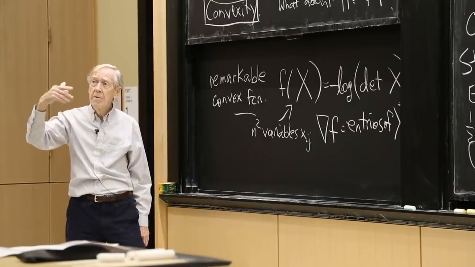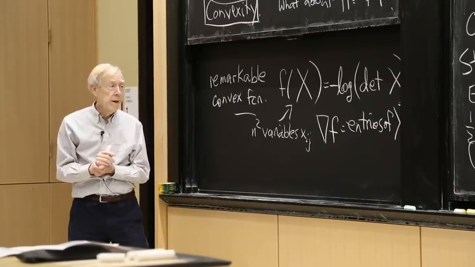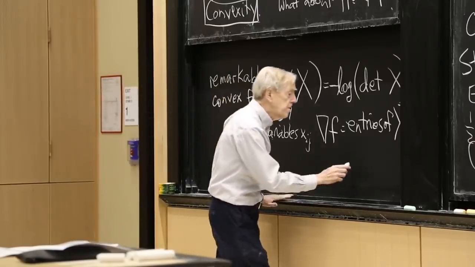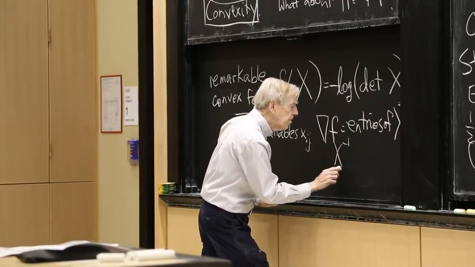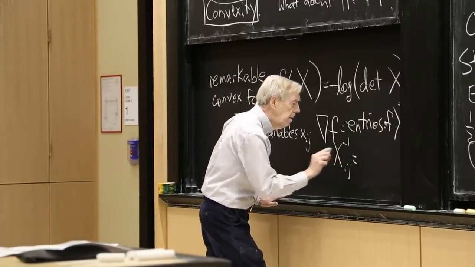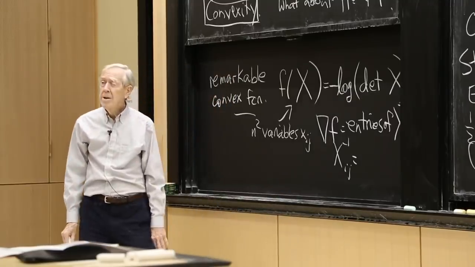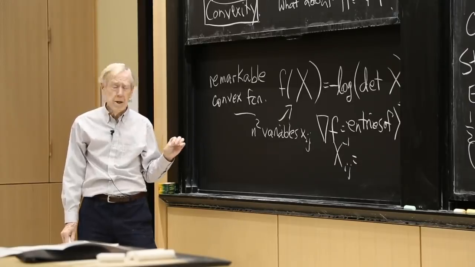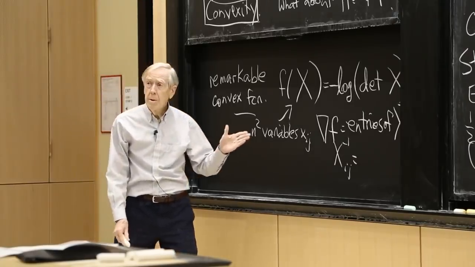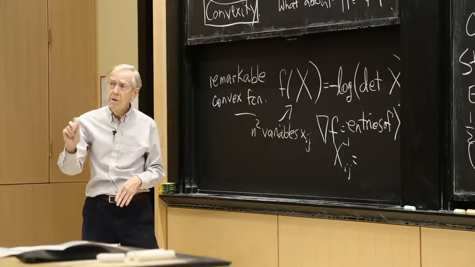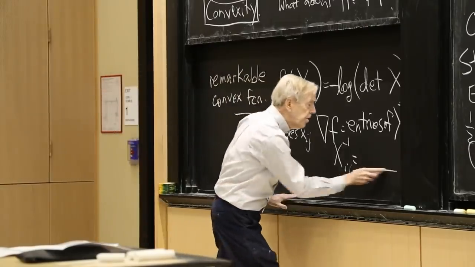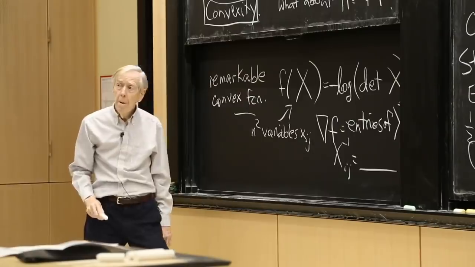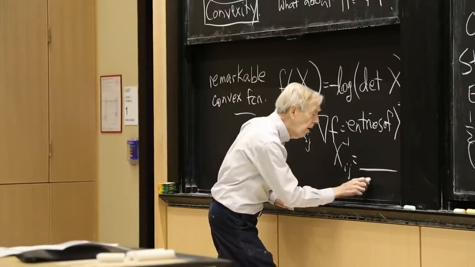function. So think of what is a typical entry in X inverse? What is a typical X inverse ij? Just to remember that bit of pretty old-fashioned linear algebra. The entries of the inverse matrix, I'm sure to divide by what? The determinant. That's the one thing we know.